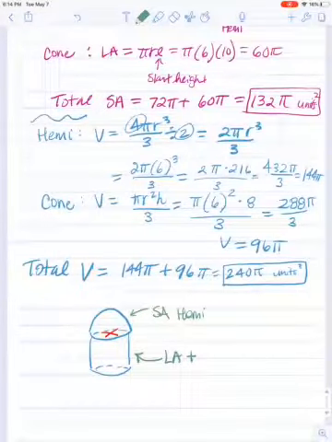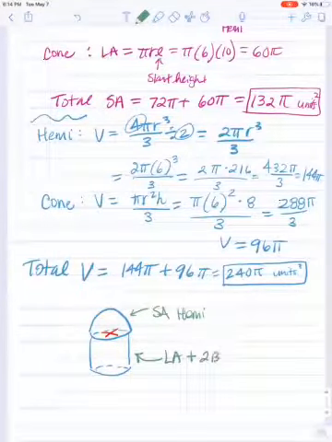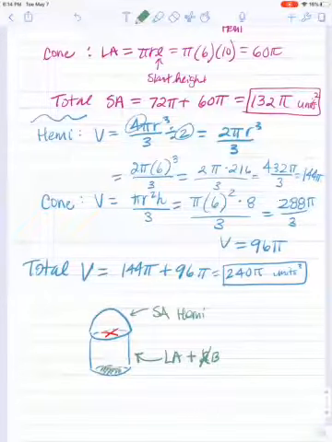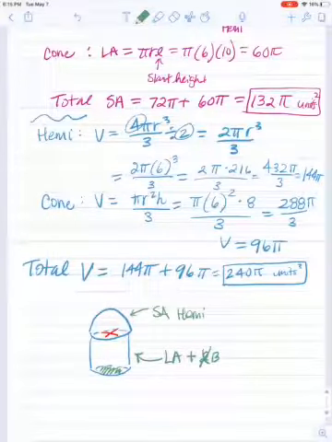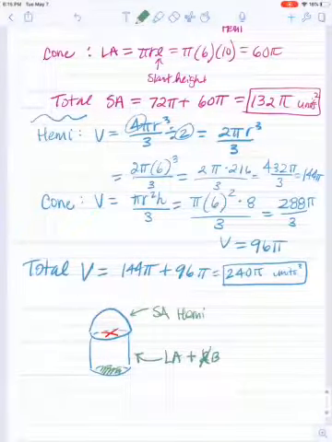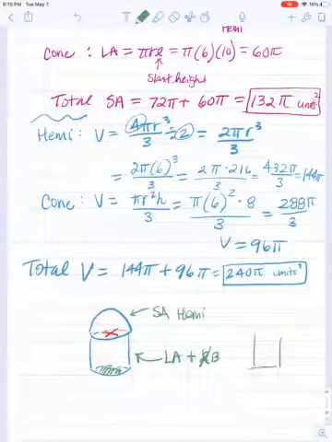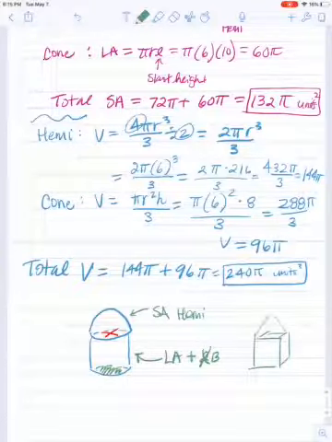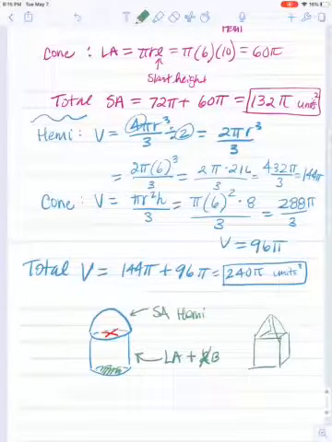Normally you would do LA plus 2B. Well, no, you only want to do 1B because I don't want to include the base in the middle, but I do want to include this base on the bottom. And that's where a lot of you went wrong on that quiz from before, where you had this house-looking thing.